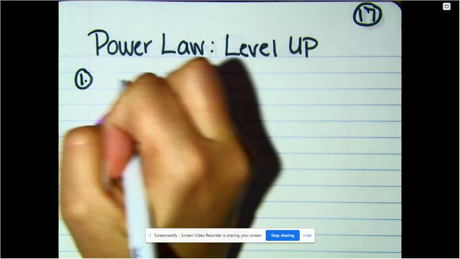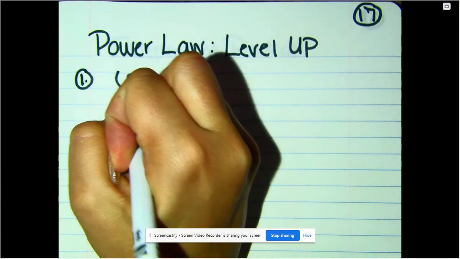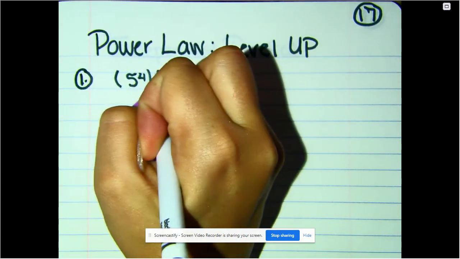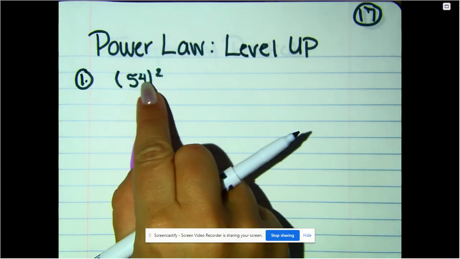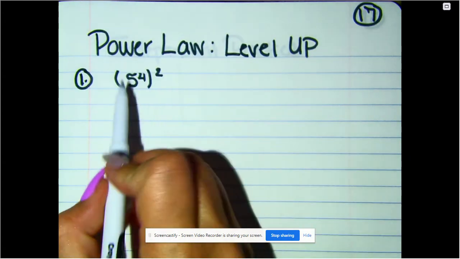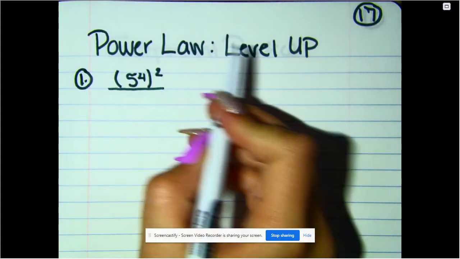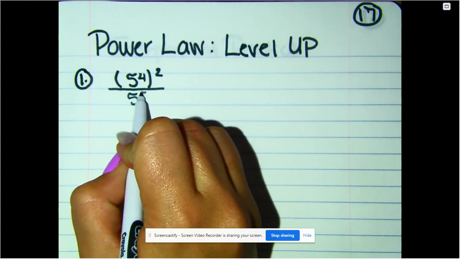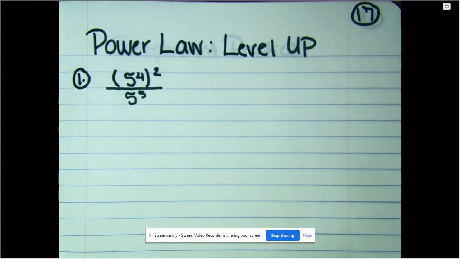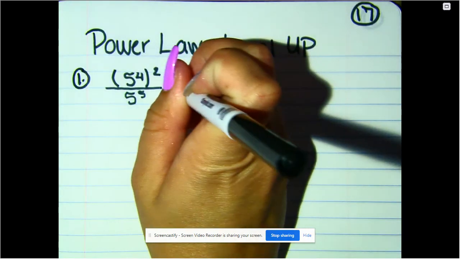Okay, number one, we have 5 to the 4th power, raised to the 2nd power. So as you can see, we have a power to a power, and then that's going to be divided by 5 to the 5th. Before we dive into the power law and using it, I'm going to show you how you can do it also in expanded form.